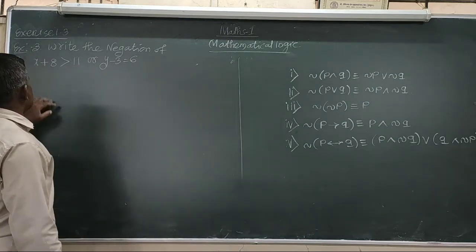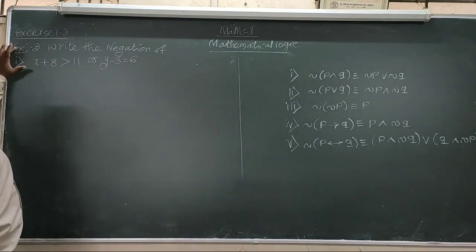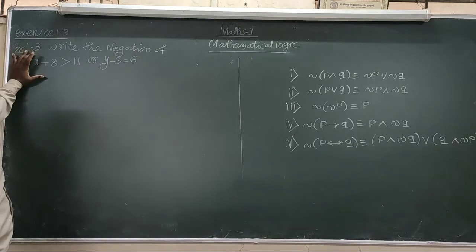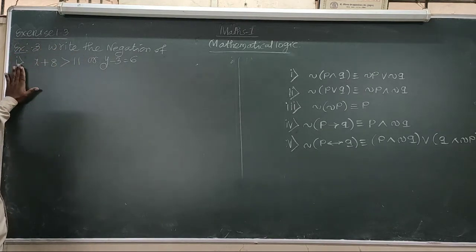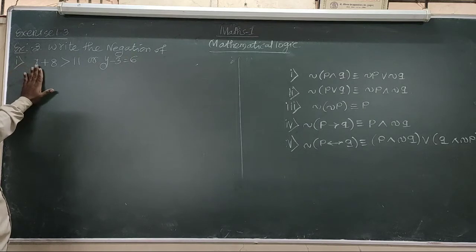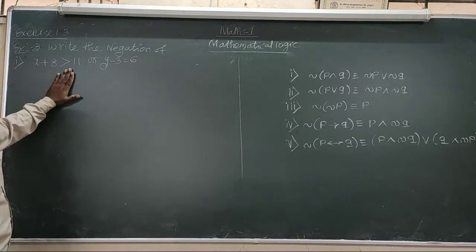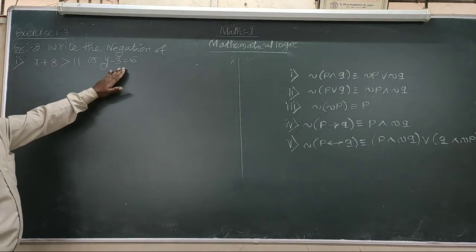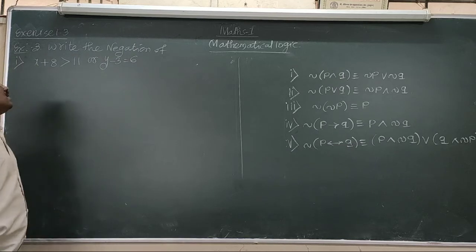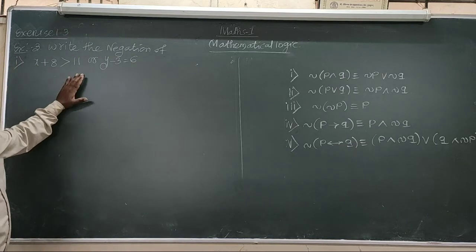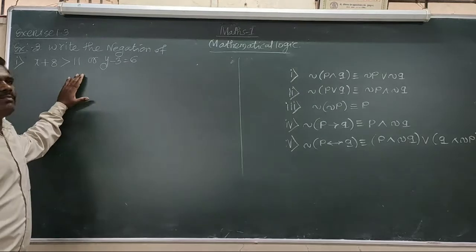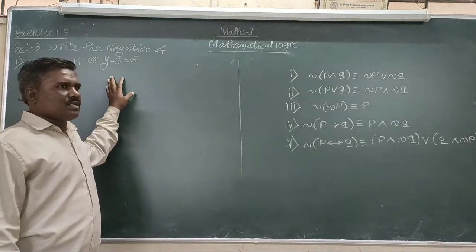In exercise 1.3, example number 3: write the negation of the first example, x plus 8 greater than 11 or y minus 3 equals 6. Firstly, we write the symbolic form of this compound statement.